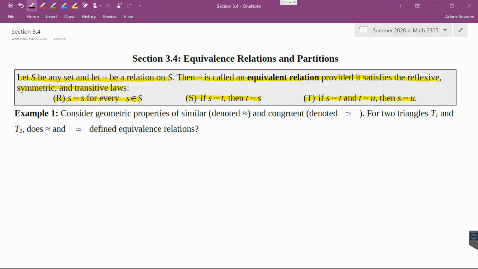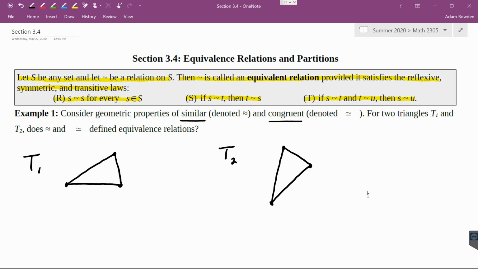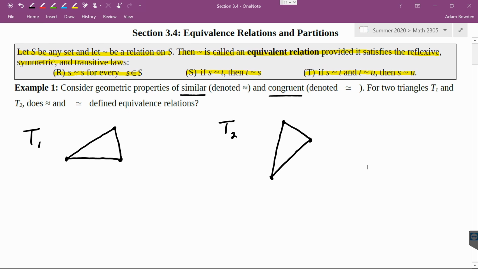So for our first example, we're going to think about the geometric properties of similar and congruent, and talk about how these could be seen as equivalence relations. So let's say we have three triangles: triangle 1, and then triangle 2, which is just a rotation of triangle 1 but has the same lengths for each of its sides.